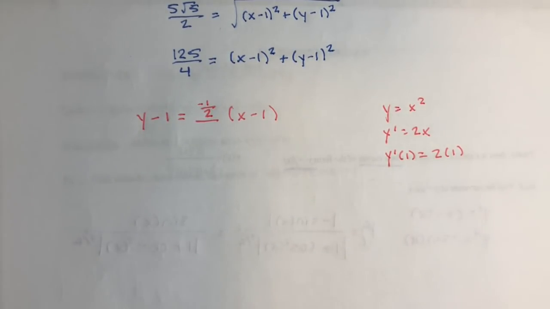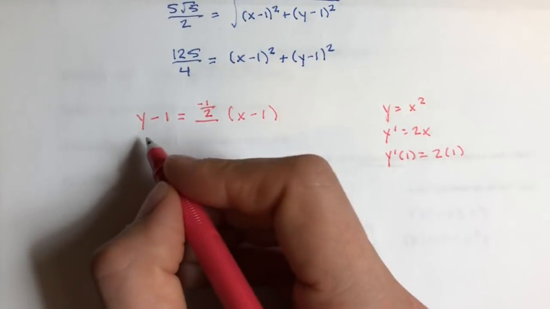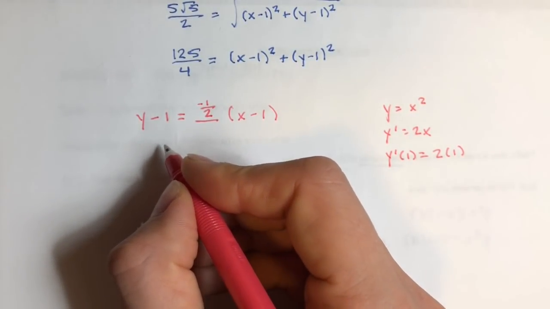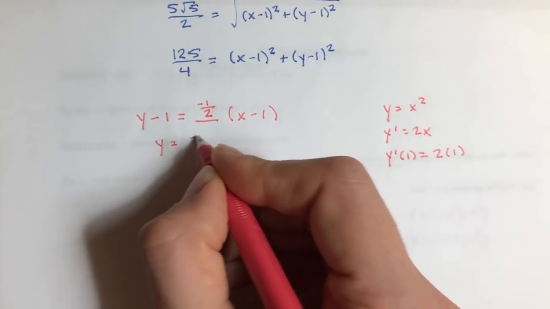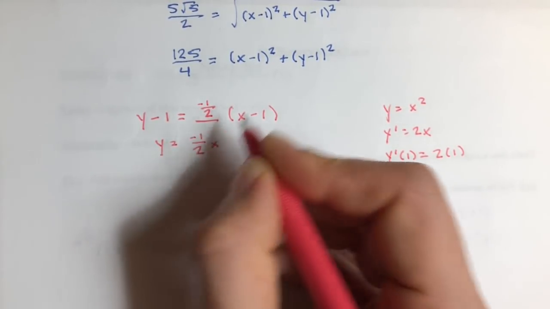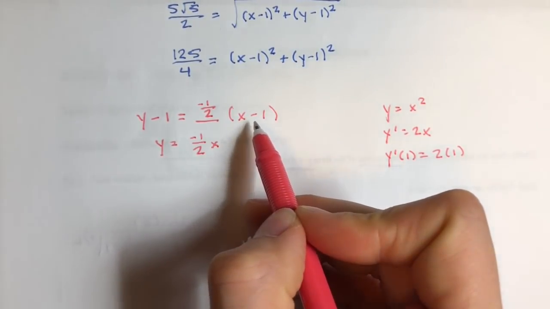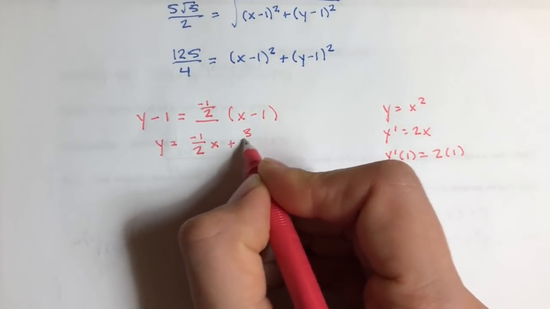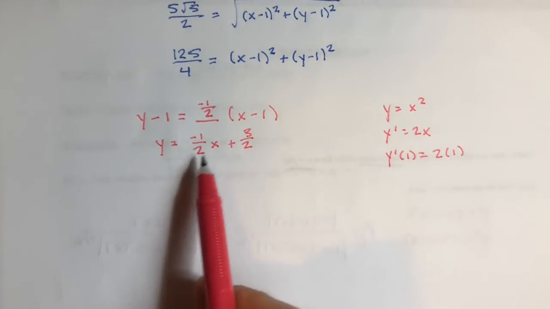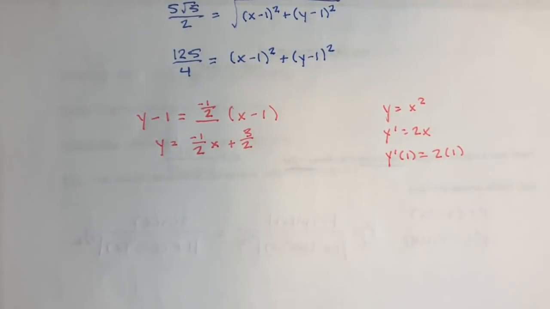Now that we have this, let me solve this a little bit. I'm going to get y equals negative 1/2 x, then plus 1/2, plus another half, so plus 3/2. I can sub that into this equation right there.